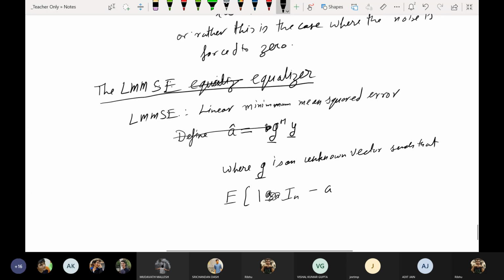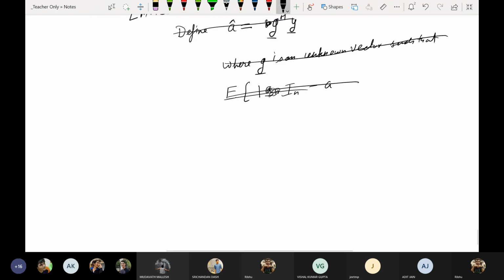Okay, so let's do this slightly differently. Like I defined the LMMSE in the zero forcing solution after I had described the procedure, let us describe the procedure first and then talk about the definition or meaning of the terms, right?